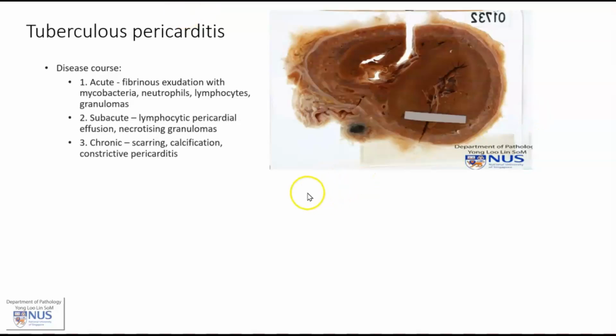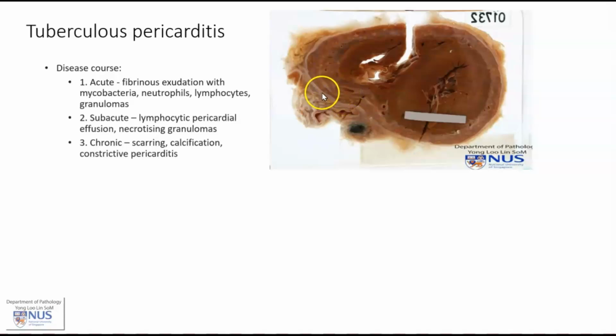As mentioned, the disease course has three main phases. In the acute phase, there is usually fibrinous exudation with lots of mycobacteria and both acute and chronic inflammation. In the subacute phase, there may be a lymphocytic pericardial effusion, meaning that there is a pericardial effusion which, when aspirated, shows numerous lymphocytes.